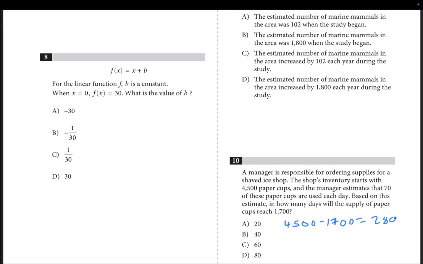This should be 2,800. So 2,800 divided by 70 is equal to 40. So it's going to take 40 days to reach 1,700 paper cups. So our answer is B.